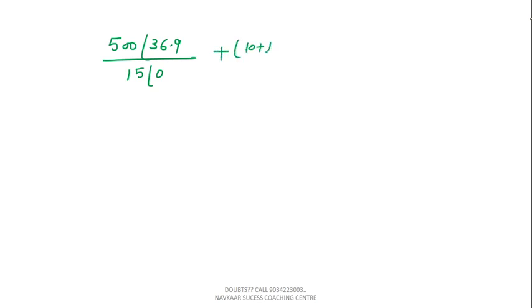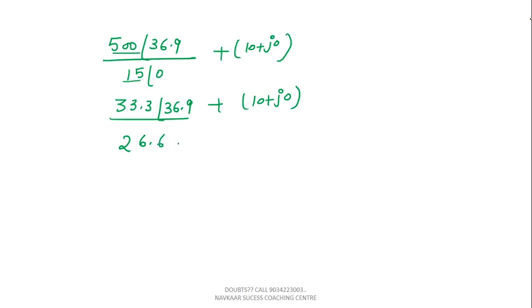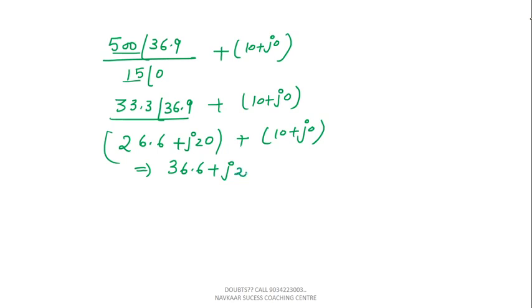Solving, 500 divided by 15 is 33.33, the angle remains the same, 36.9, plus 10 plus J0. Now we convert this polar form again into rectangular form. You will get 26.6 plus J20 plus 10 plus J0, which gives 36.6 plus J20.